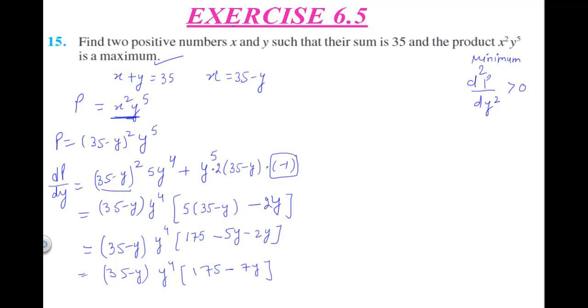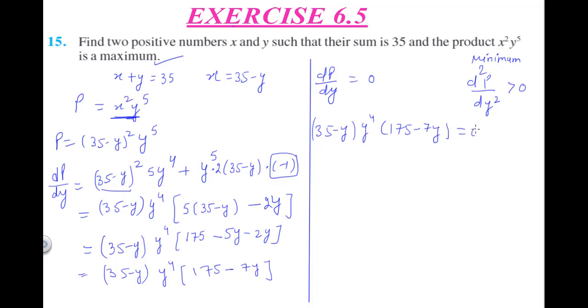So now our purpose is to do what? Find the critical point. For that we will do dp by dy equal to 0. Putting dp by dy equal to 0, we get (35 minus y) into y to the power 4 into (175 minus 7y) equal to 0.